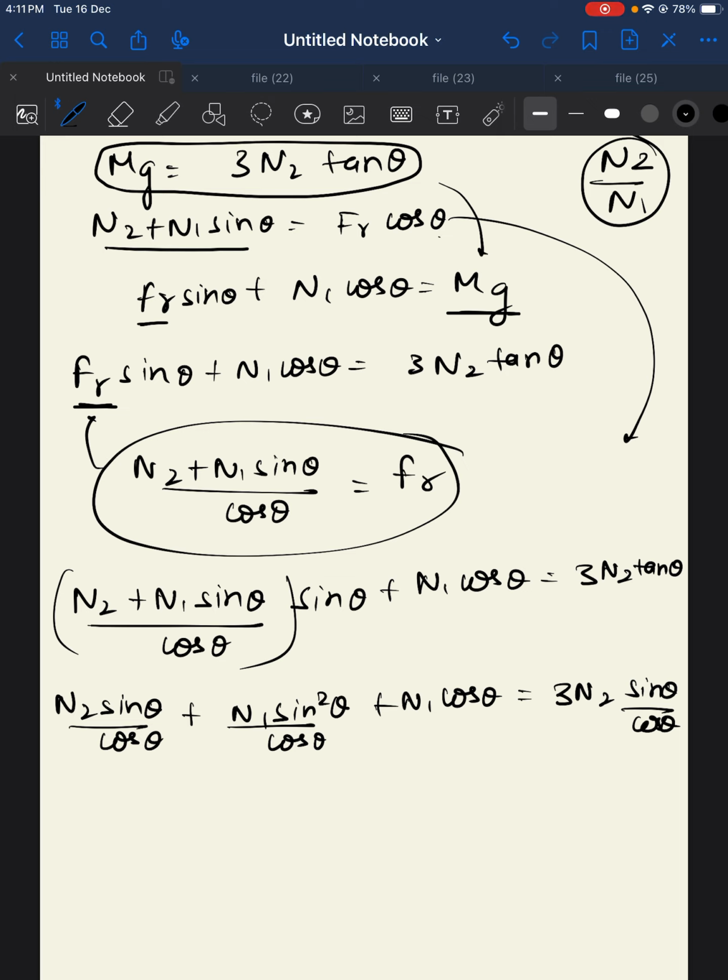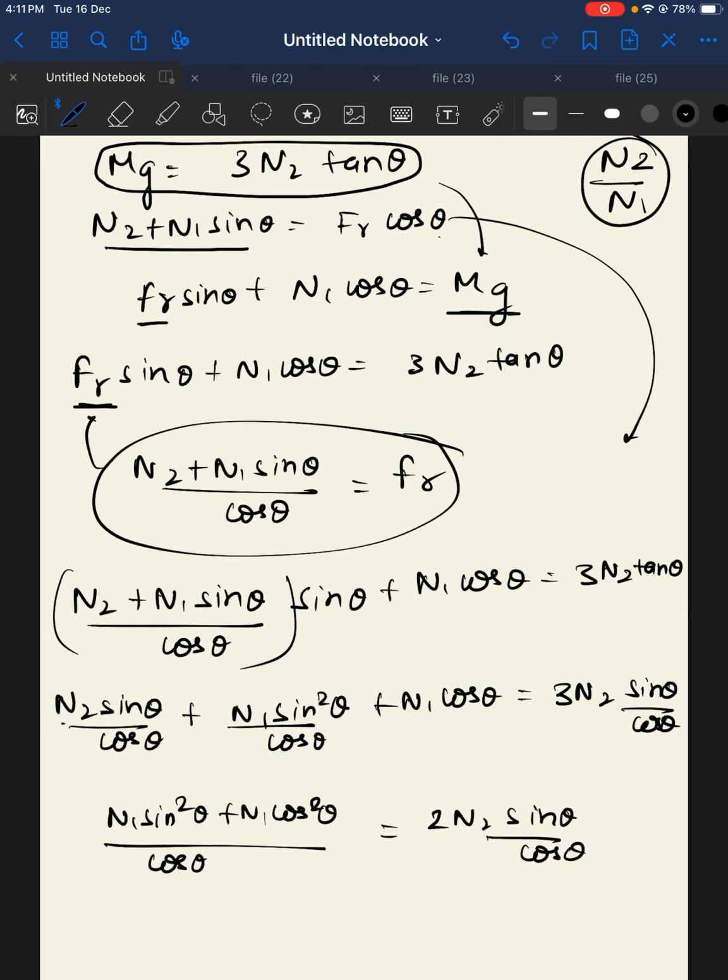We can write tangent theta as sine theta upon cos theta. So this N2 terms we can bring it together, right? And here also we can take the LCM. So cos theta, N1 sine square theta plus N1 cos square theta, correct? Equals to 2N2 sine theta upon cos theta, correct?